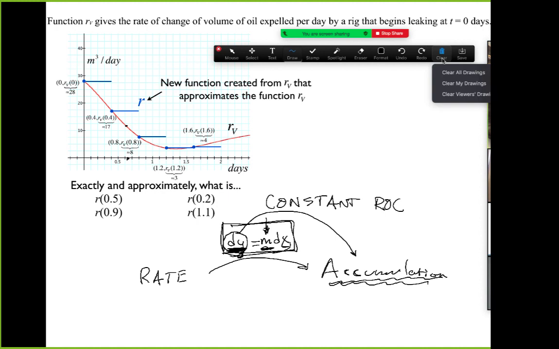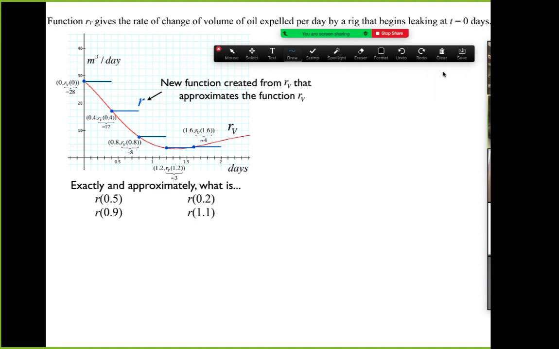All right, so let's look at the R function there. R is the blue, our approximate rate function. So what is R of 0.5? And what is R of 0.9? Let's just do those first two.